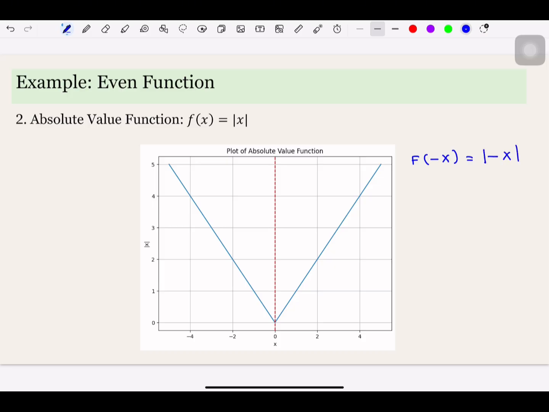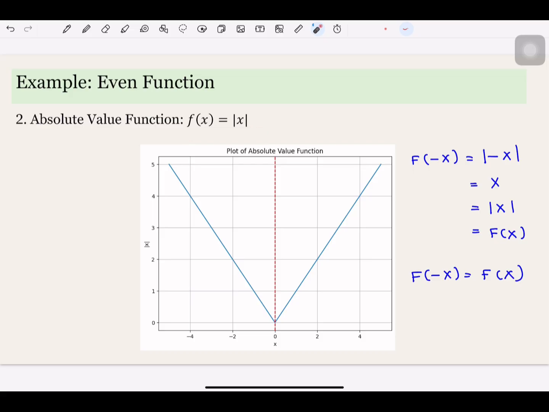The absolute value of negative x is always the positive value, so it's going to be absolute value of x. So this is equal to f of x. Yes, here f of negative x is equal to f of x, so that means the absolute value function is an even function.